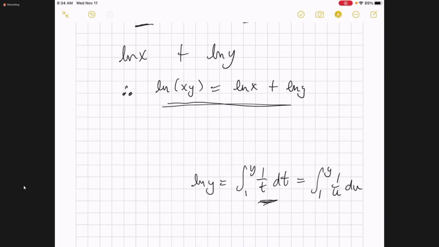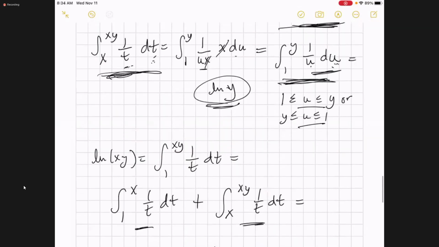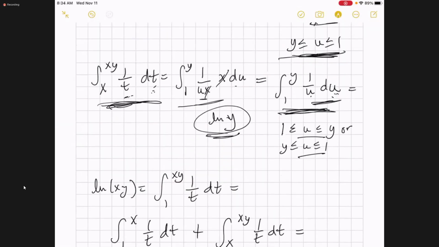Because here, 1 less than or equal to t less than or equal to y. And here, 1 less than or equal to u less than or equal to y. I'm just calling that dummy variable a different name. I didn't put that up here because t had already been used for something and it gets a little confusing, okay?